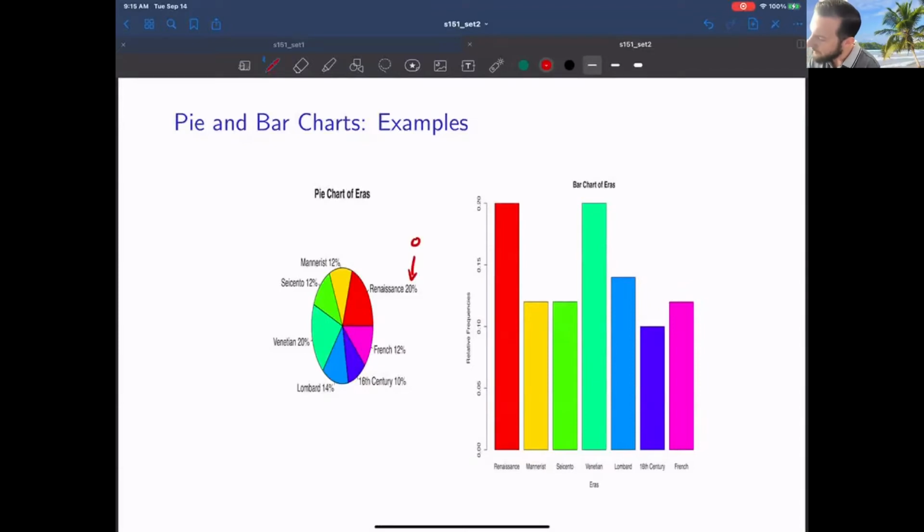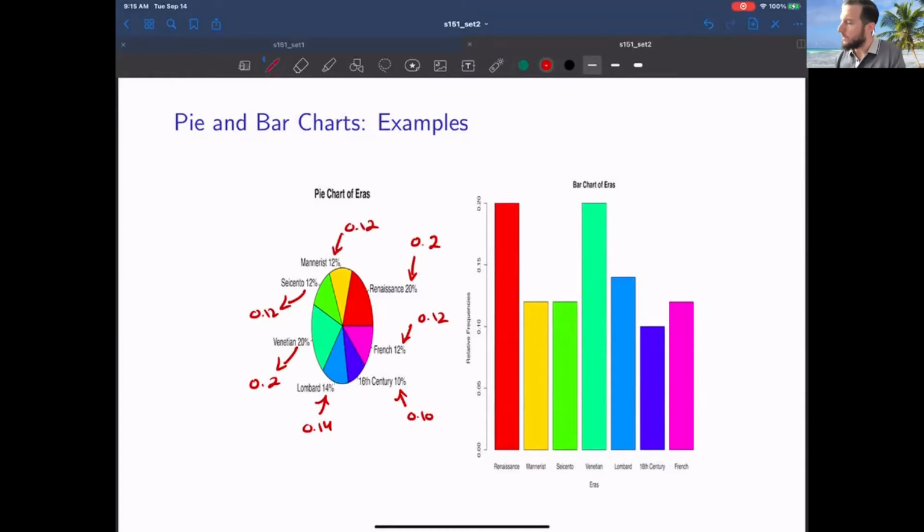So this is going to be 0.2. This is going to be 0.12. This is going to be 0.1. This is 0.14. This is 0.2, 0.12, 0.12. Okay, so we have our 7 slices shown here.